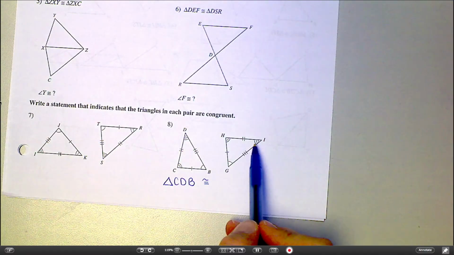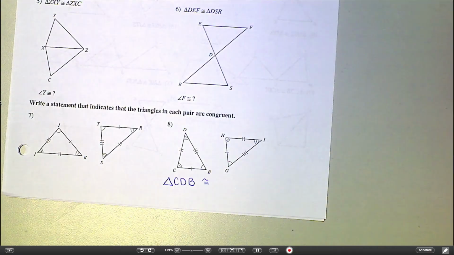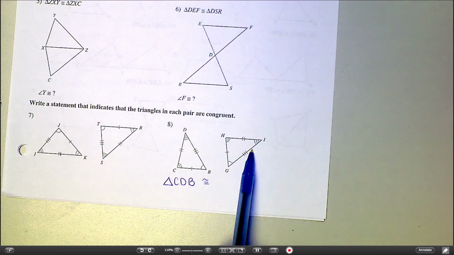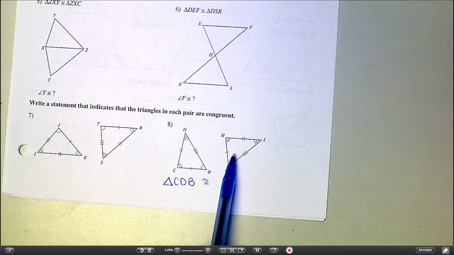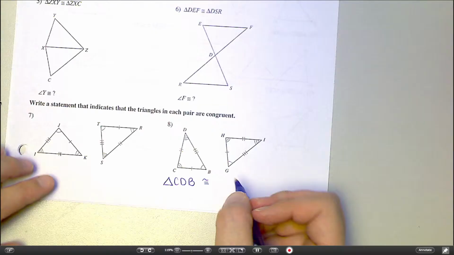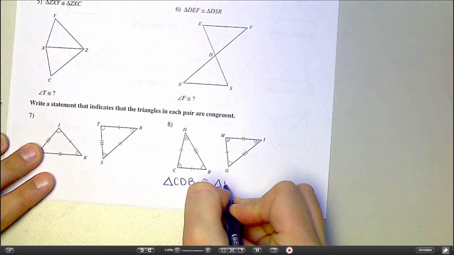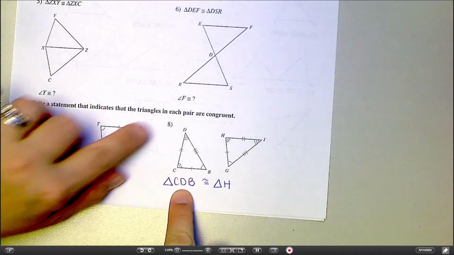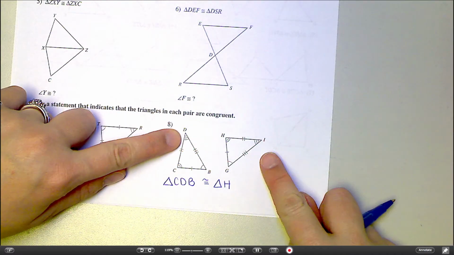How would I name this triangle so that it lines up with how Jared named this first triangle for us? C is congruent to which one over here? H, right? Because of the markings. So we would have to start with H. Then we went to D. Which one's D match up with?